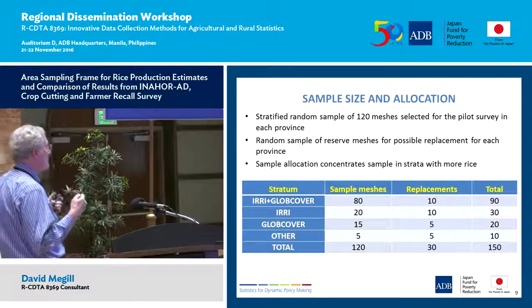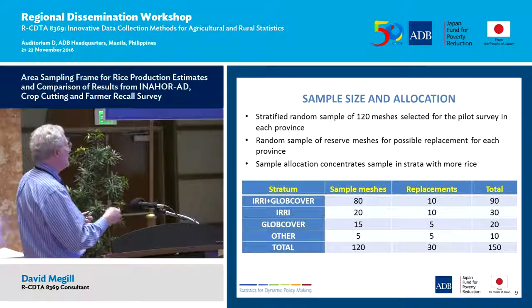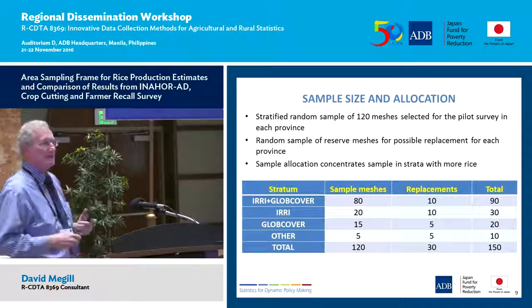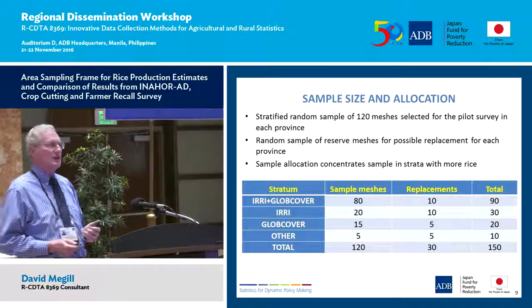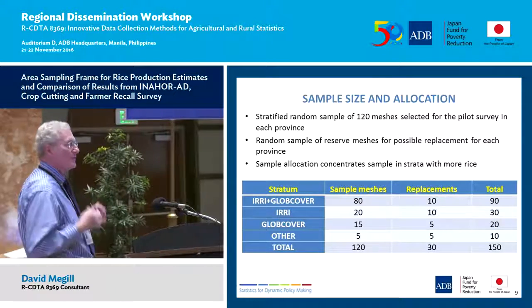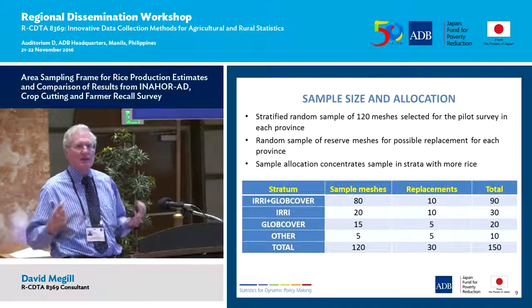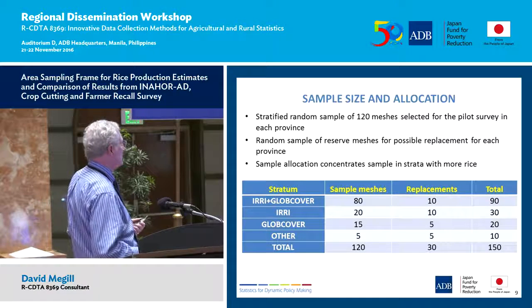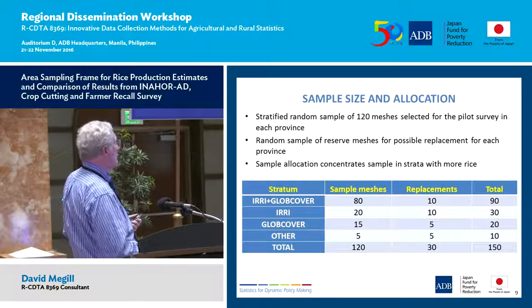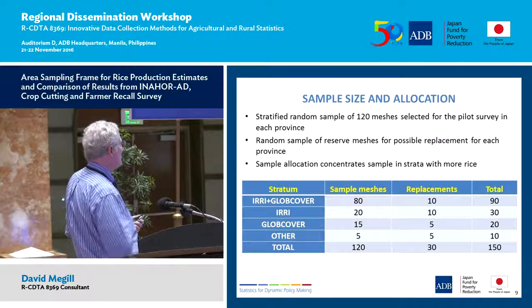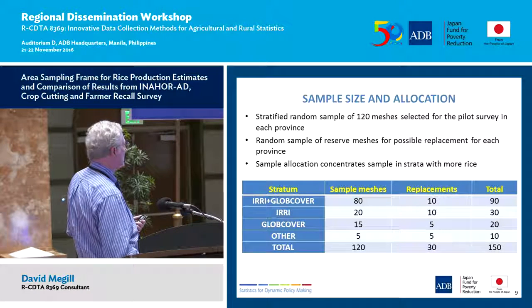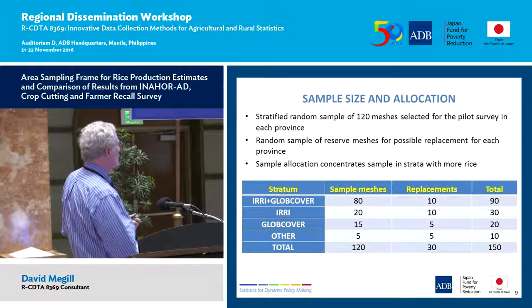Now, the first step we had was to allocate the sample of 120 meshes to the different strata. And of course, you want to concentrate your sample in strata that have more rice. And so this was how we designed the sample in terms of dividing the sample meshes to the different strata. Our basic sample was to cover 80 in IRRI-GlobCover, 20 in IRRI, 15 in GlobCover, and 5 in other.